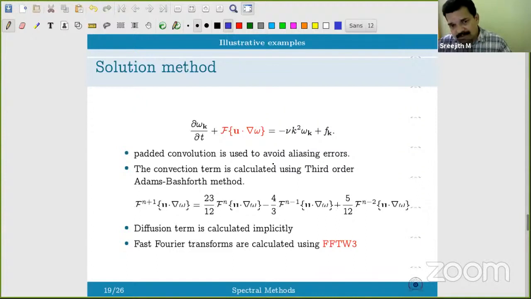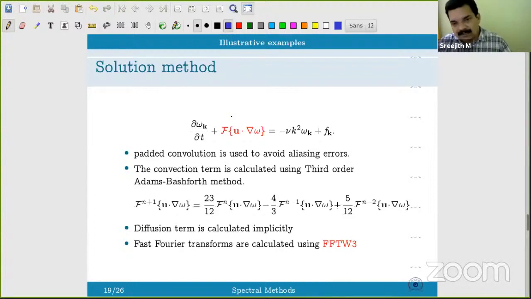Now we have to use a faster method for calculating the Fourier transform. So omega k is the Fourier transform of vorticity, and for that we have to use a faster method. Plenty of packages are available for calculating fast Fourier transforms, known as FFT.